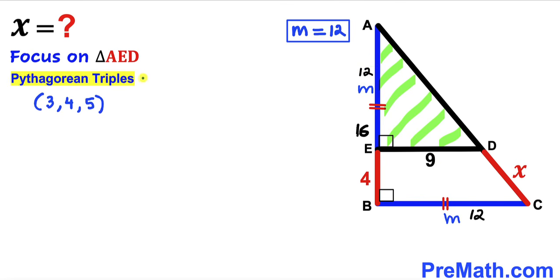Let's recall the Pythagorean triplet 3, 4, 5. If we multiply these by 3, our new Pythagorean triplet is 9, 12, 15. So we conclude that the hypotenuse AD length is 15 units.